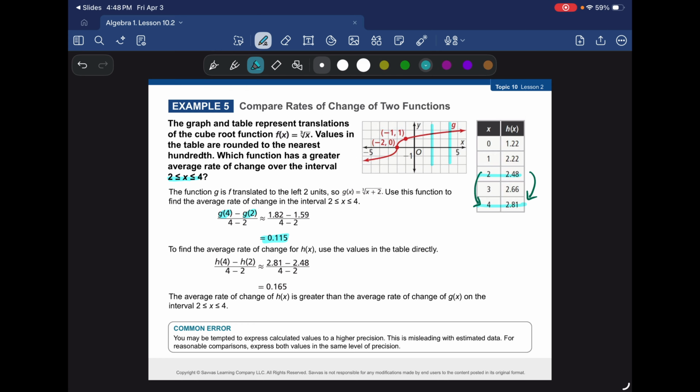And after we do the calculations, our average rate of change is 0.165. So which function, g or h, has a higher average rate of change? Well, we can see that the function h of x has a greater average rate of change in that particular interval.